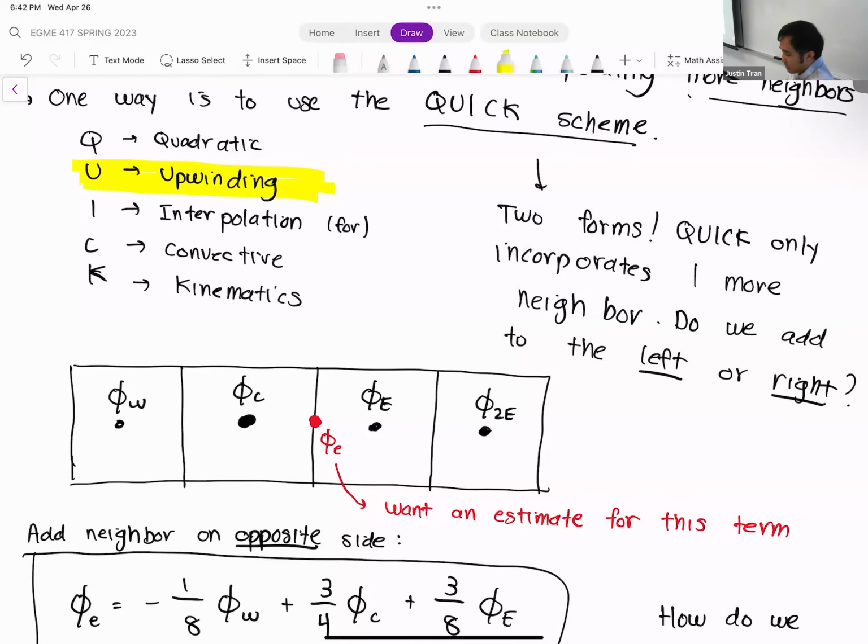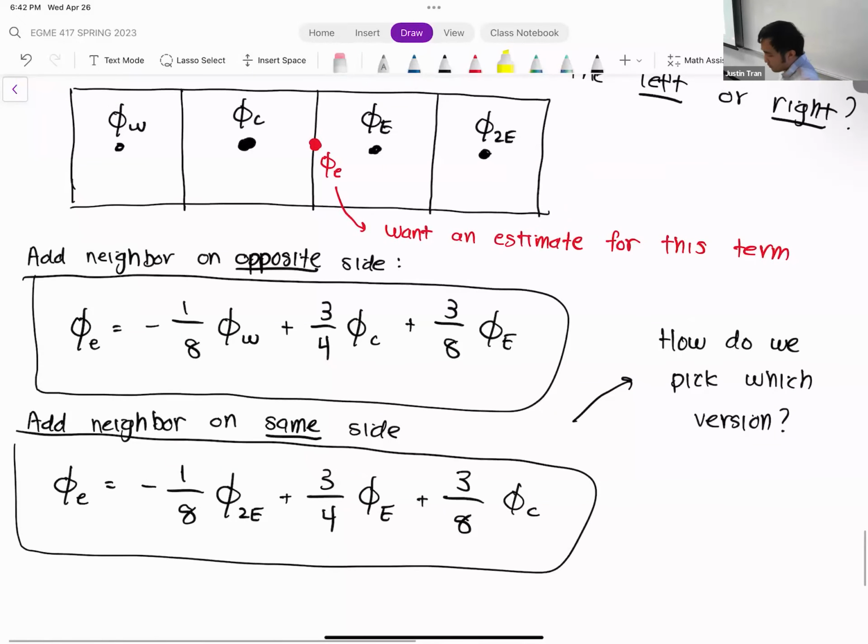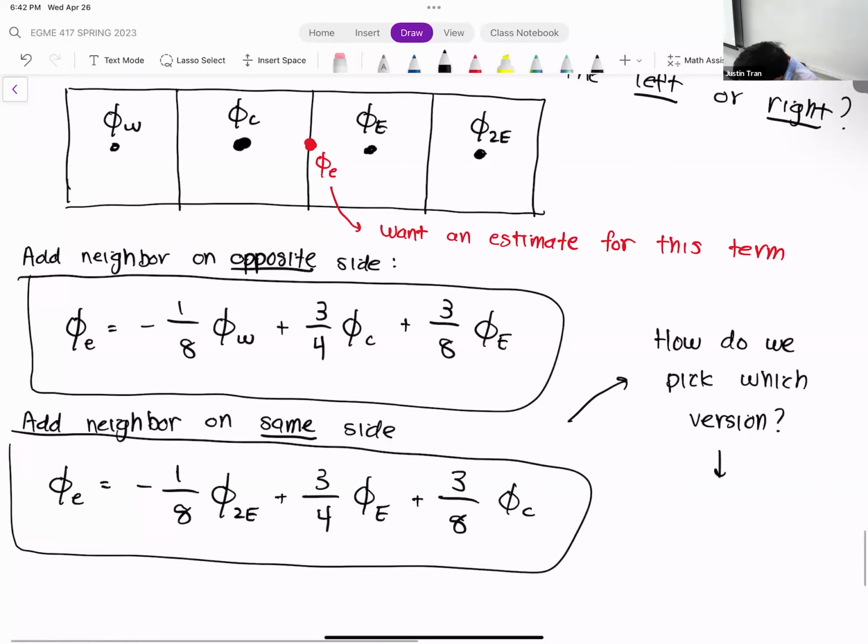If you remember upwinding from when we did convection with finite differences, basically the idea with upwinding is that we applied more weight on the upstream side of the convection velocity. And so we're going to use that same logic here. And so the version that we pick is going to depend on the direction of the velocity.